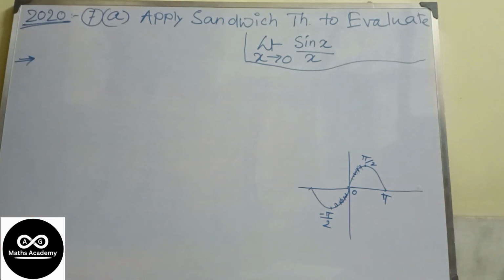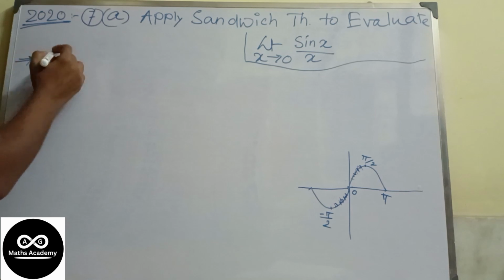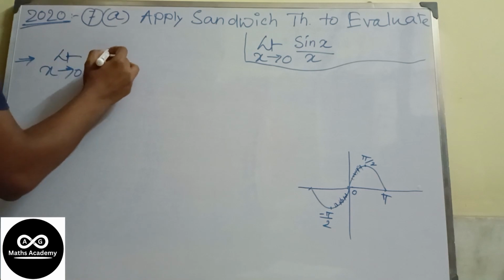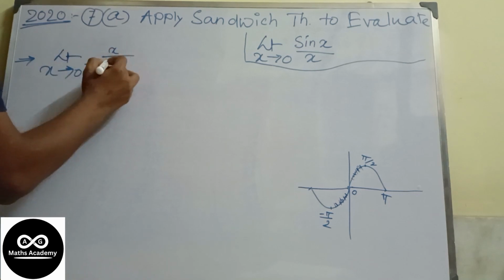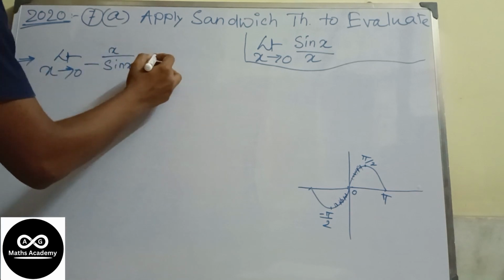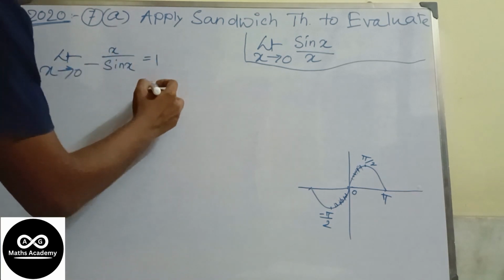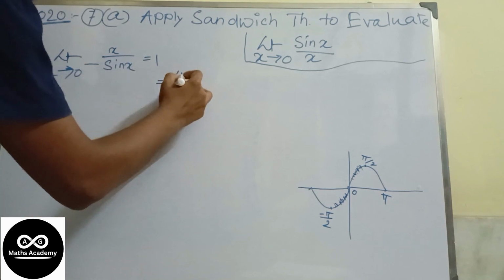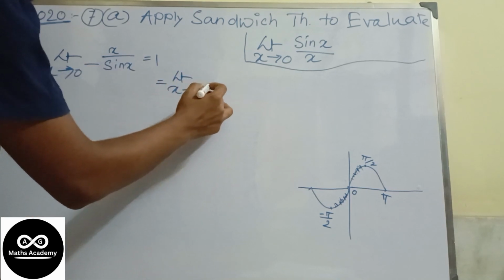Now what we're gonna do is, okay, so now the left hand limit of x minus sin x, this is 1, which is also equal to the right hand limit.